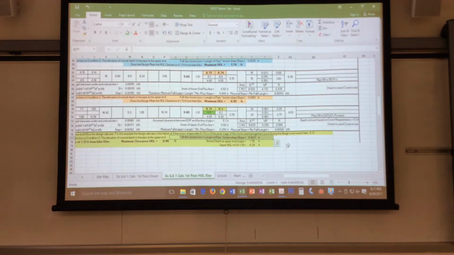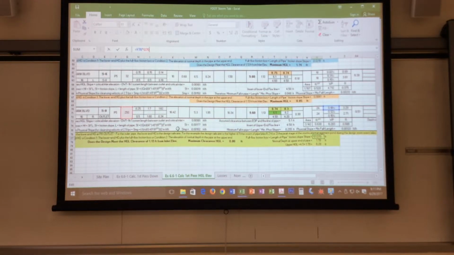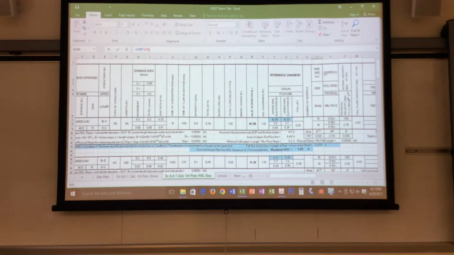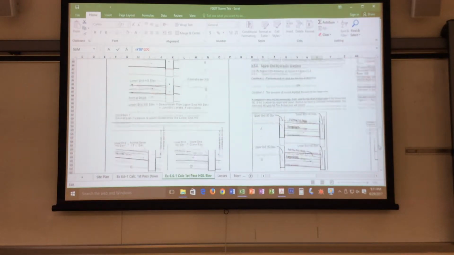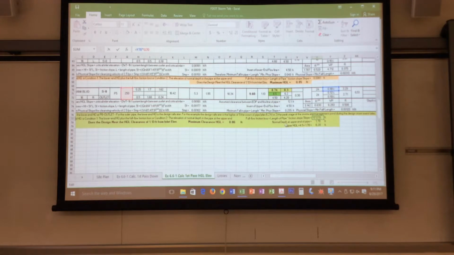So on mine, what I have is the length of pipe times the friction slope. 250 feet times that friction slope. And if you look at that friction slope, here's the slope, here's the hydraulic gradient, here's the physical, here's the minimum. You're using that 0.18%, okay?